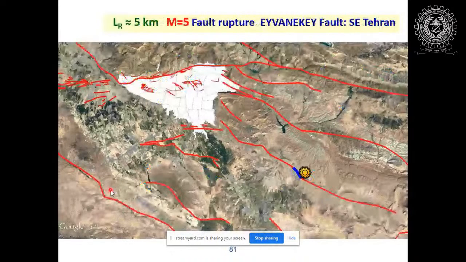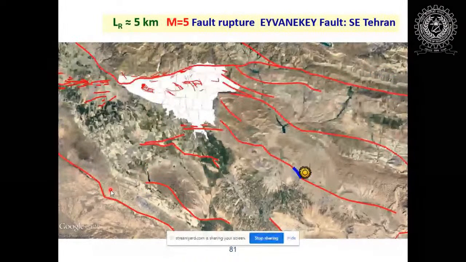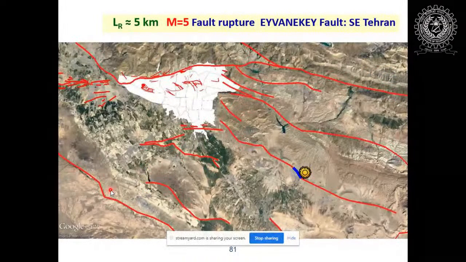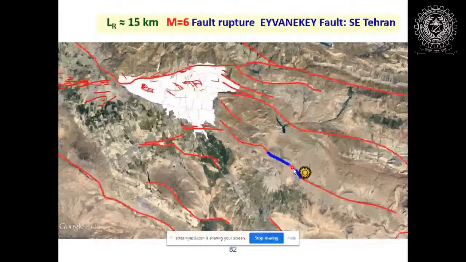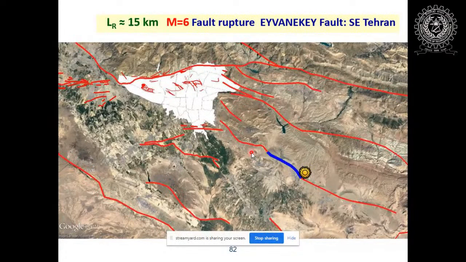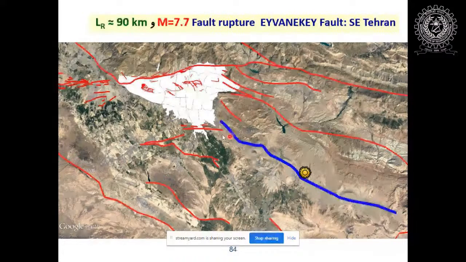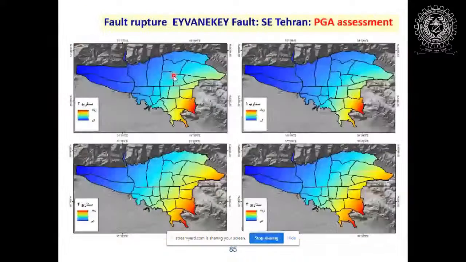And we made the same for the southeast Tehran Evanaki fault with magnitude 5, magnitude 6. You see this blue line, which is growing. Then we expect greater magnitude 7 and magnitude 7.7. This is the city of Tehran, and these are the seismic hazard levels.